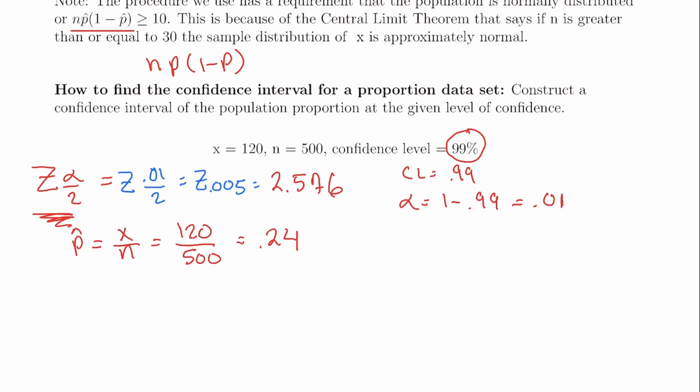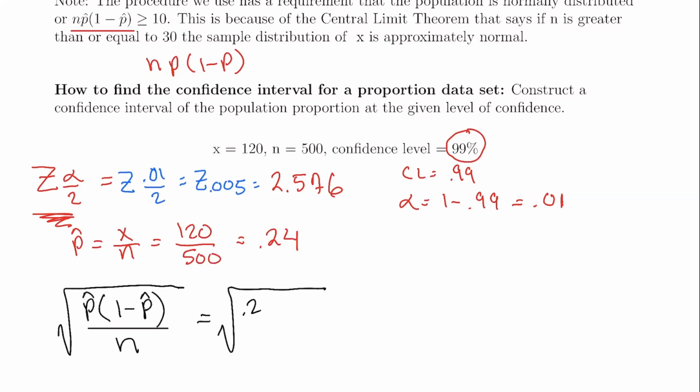Okay, so up next I'm gonna find this over here. I'm gonna find P hat times 1 minus P hat all divided by N. So that will be equal to 0.24 times 1 minus 0.24 all divided by N, which N is equal to 500. And in case you're wondering where the 0.24 came from, the 0.24 came from the number that I just found. Any questions so far on square root of 0.24 times 1 minus 0.24 divided by 500?